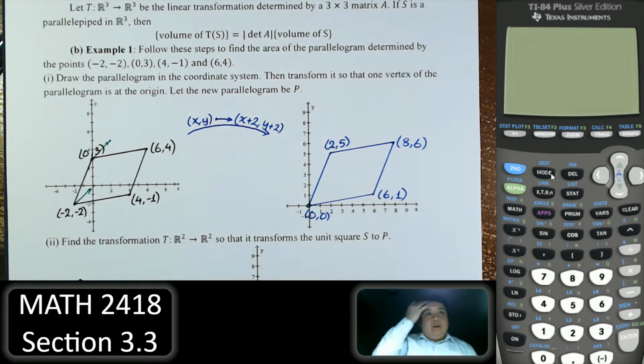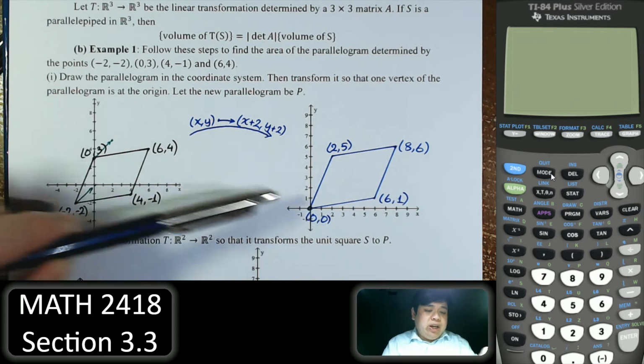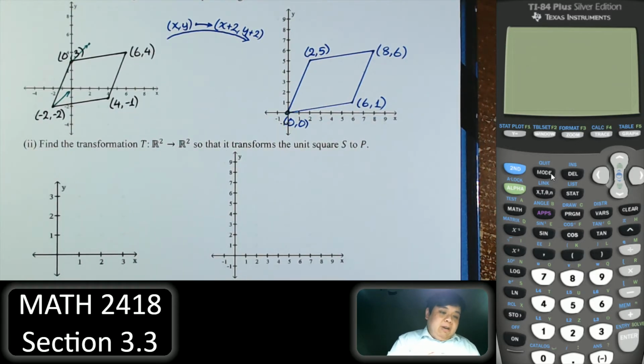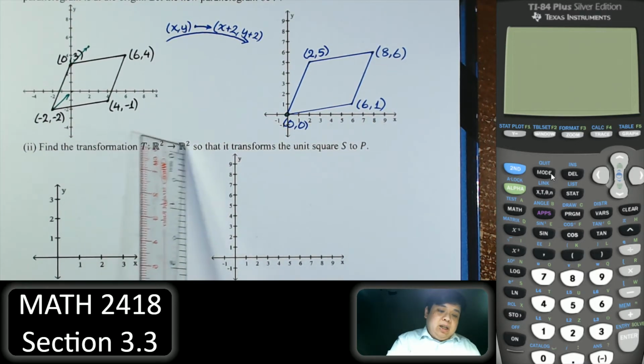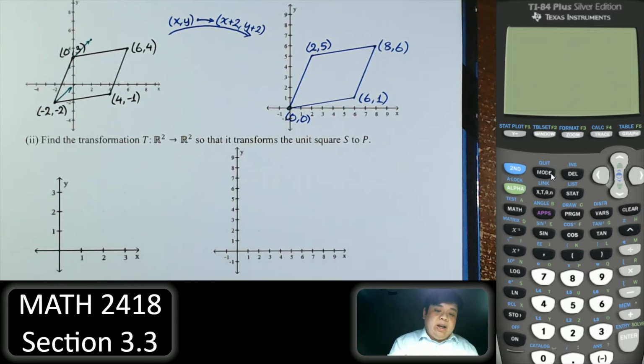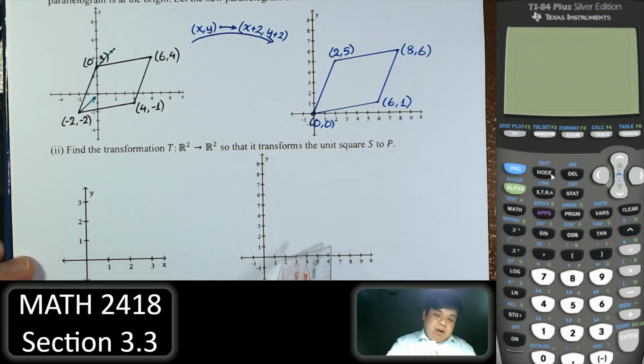Right, so we have those. This is the parallelogram. Of course, with the translation from here to here, the area is still the same, so we don't change the area at all. Next, find the transformation T from R2 to R2 that transforms the unit square S to P, right? So I'm going to draw this parallelogram here.